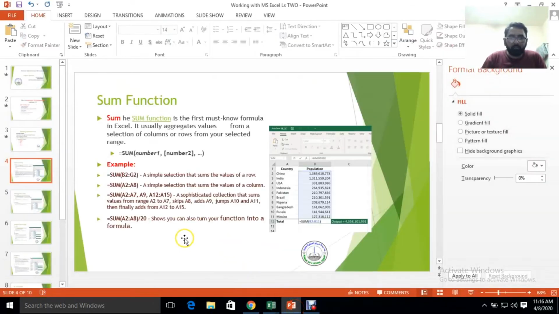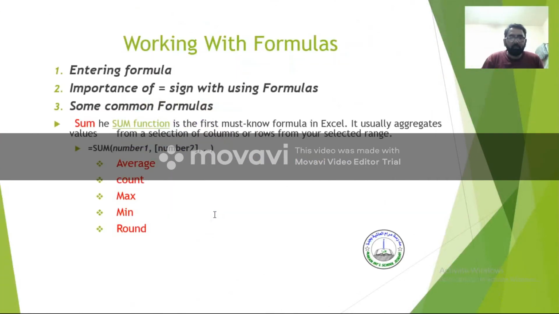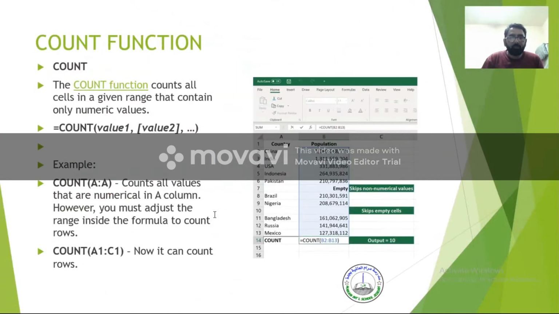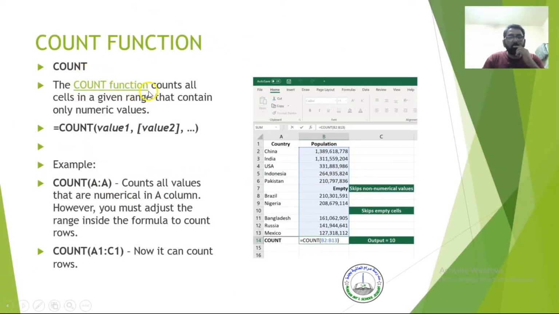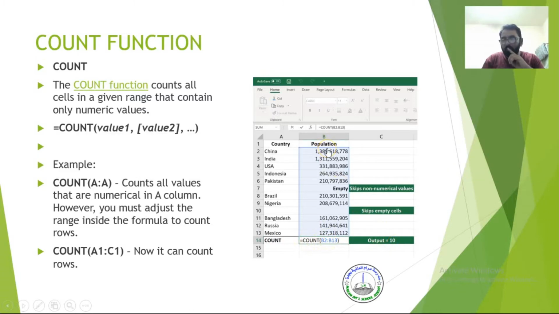Now come to the next function. If we can see our slide here, now our next function is the count function. So what is the function of the count function? The count function basically counts all the cells in a given range that contain only numeric values. In the example you can see here, I put equal sign count and give the cell reference, then it will count how many numbers of items you have entered.